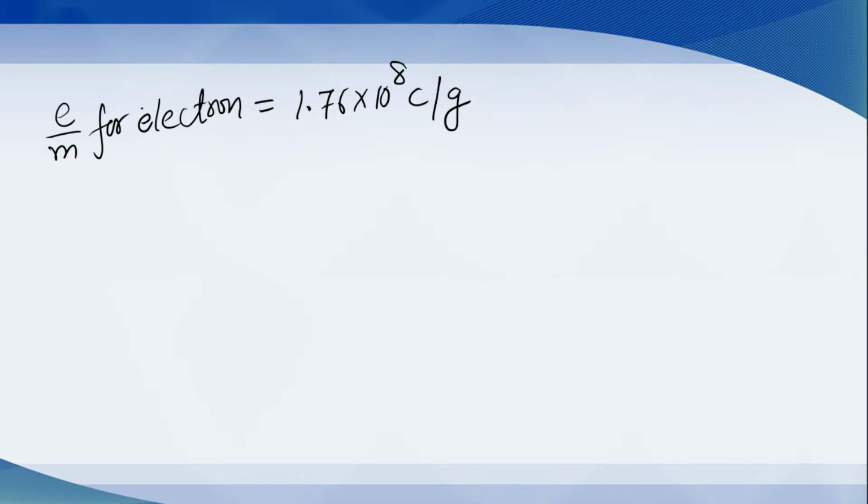So this is the way to calculate the charge to mass ratio for the electron. This charge to mass ratio was calculated by J.J. Thomson, and credit for the discovery of the electron also goes to J.J. Thomson. Okay, so this is the determination of charge to mass ratio for electrons.